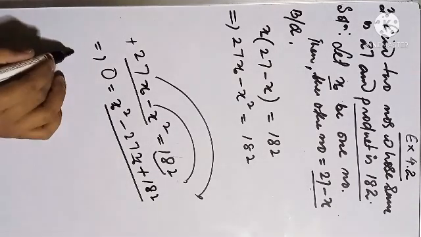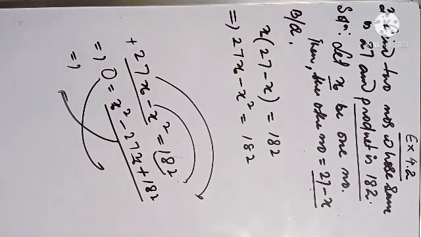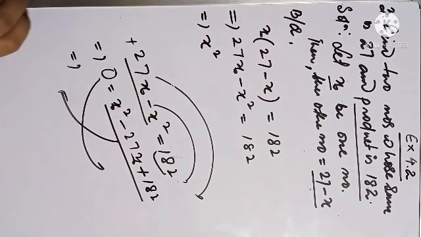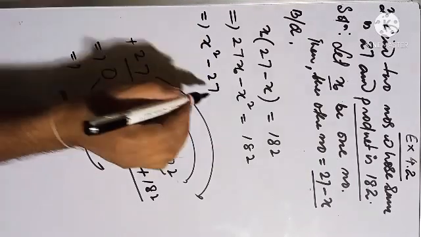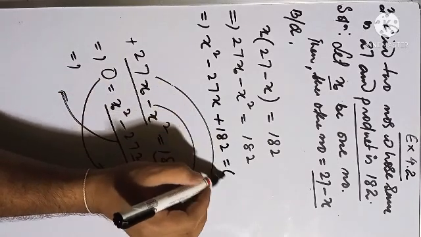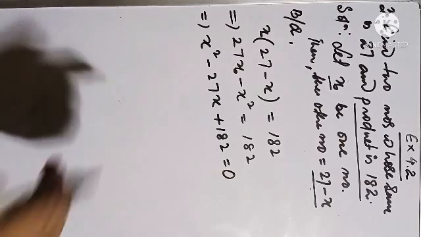Instead you can write this on the left hand side and 0 on the right hand side. So directly let me write x square minus 27x plus 182 equals 0. Let's see how we are going to split the middle term.